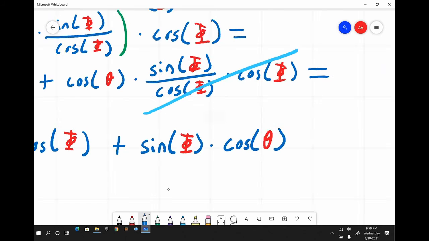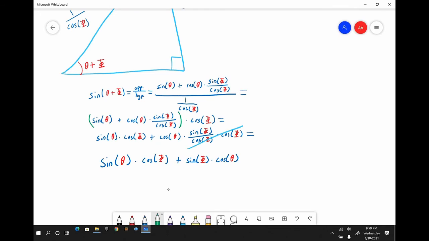And finally, we have the answer that we're looking for. And using this identity, we can solve for the derivative of the sine of x.